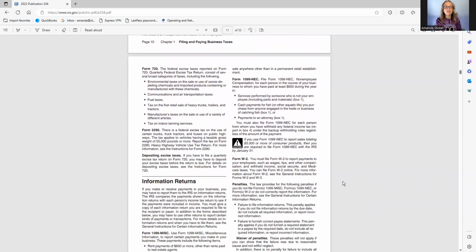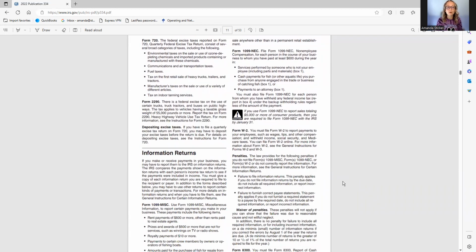Form 720. The federal excise taxes reported on Form 720, Quarterly Federal Excise Tax Return, consist of several broad categories of taxes, including the following: environmental taxes on the sale or use of ozone depleting chemicals and imported products containing or manufactured with these chemicals, communications and air transportation taxes, fuel taxes, tax on the first retail sale of heavy trucks, trailers, and tractors, manufacturers' taxes on the sale or use of a variety of different articles, tax on indoor tanning services.